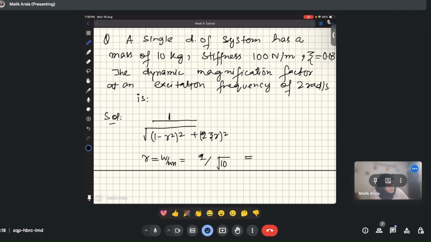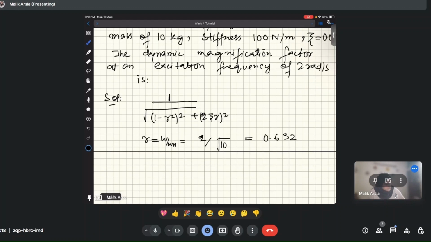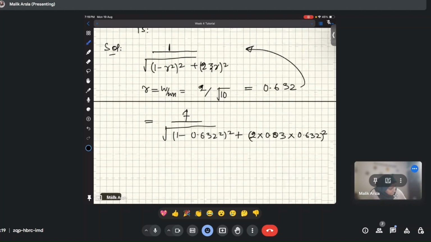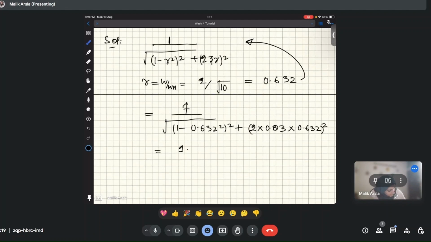So when you calculate this, it will be something like 0.632. Now you can put it in this formula and put the value of zeta, and then you can find out. It is a very simple, straightforward question. (0.03 into 0.63). So it will be equal to 1.66. Okay.